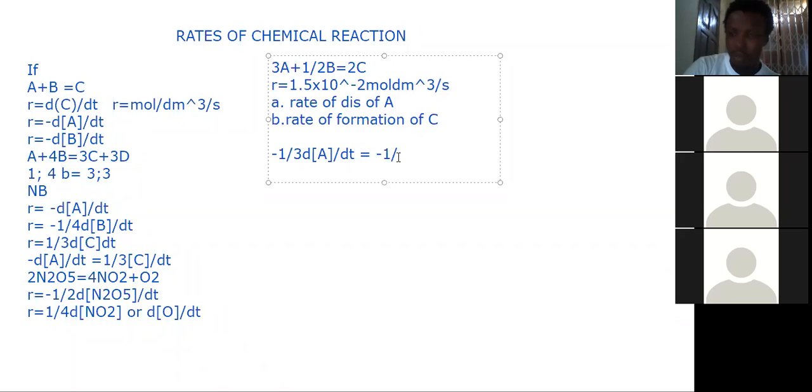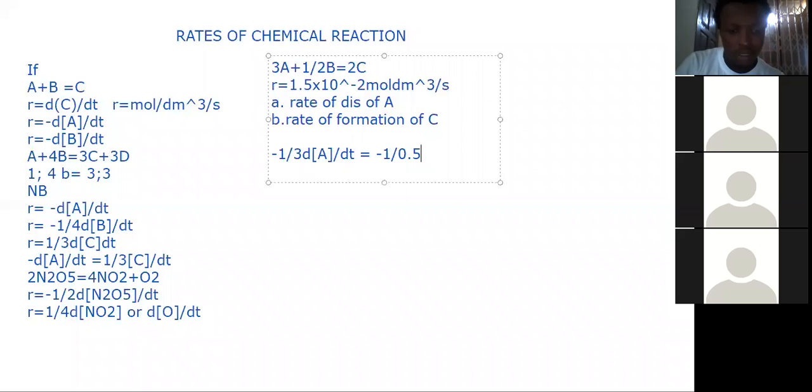So we can say maybe 0.5. But minus 1 all over half will give you, is it 2? That will give you 2. But let me still write 1 over 2 so that you won't get confused, or 0.5. It's supposed to be here, but let me do 0.5.